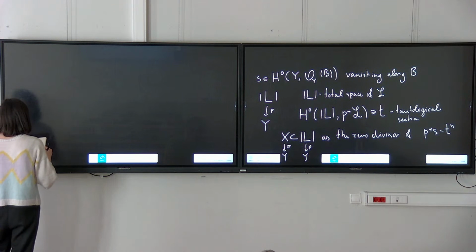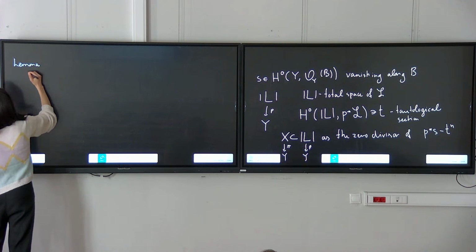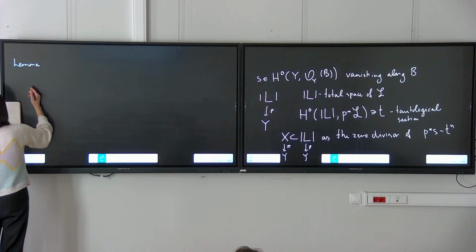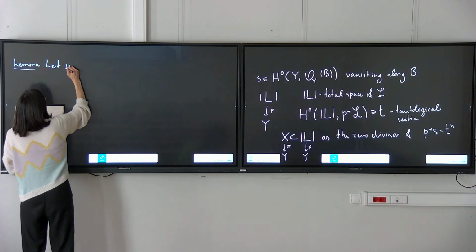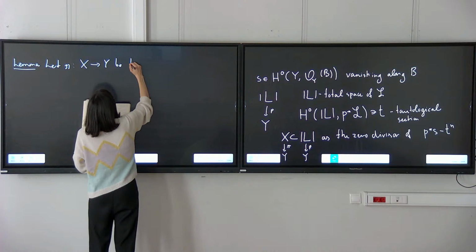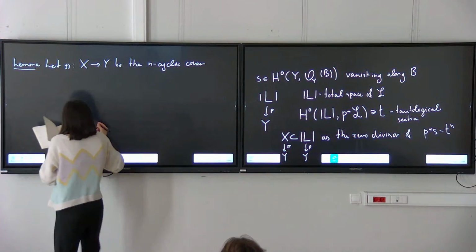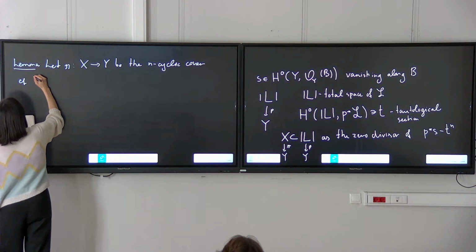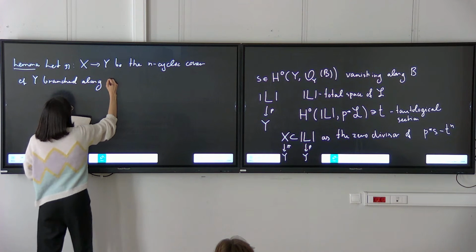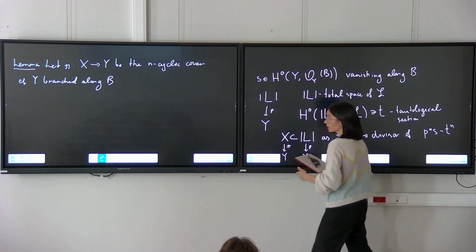X is a cyclic cover of Y branched along B. And you see from this definition that, of course, the branching locus is exactly B, right?